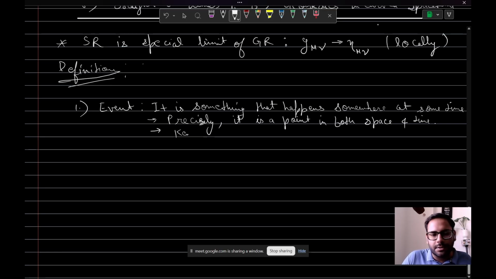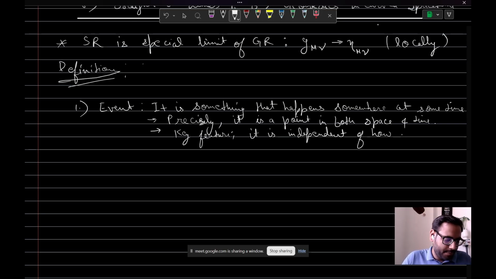And a key feature is that it is independent of how we label it.